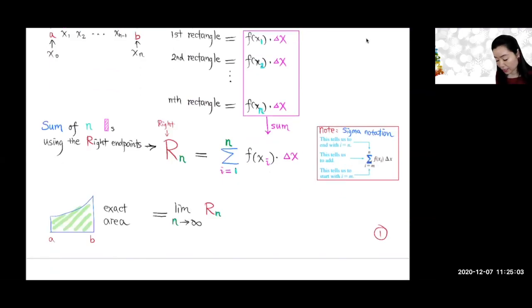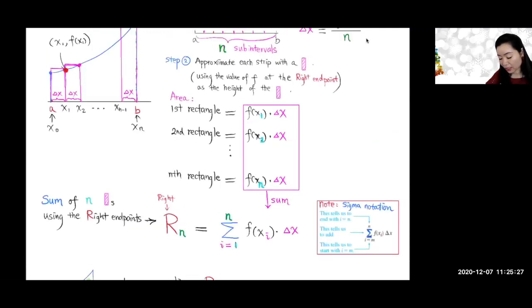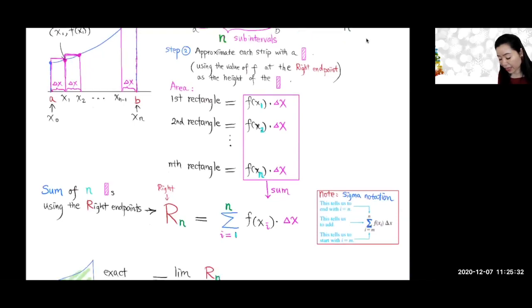Now we're going to define the area under the curve as the limit of the sum. Here I use an R, which stands for using the right endpoint, the y coordinate of the right endpoint, as the height of those rectangles. And I have n of those rectangles, so I call this Rn.